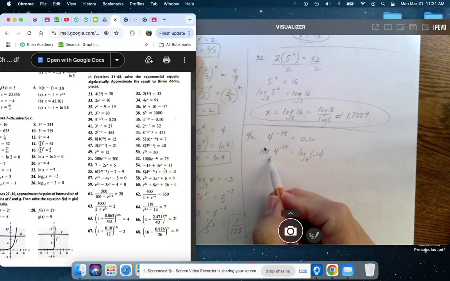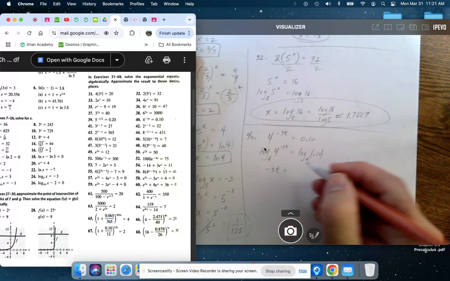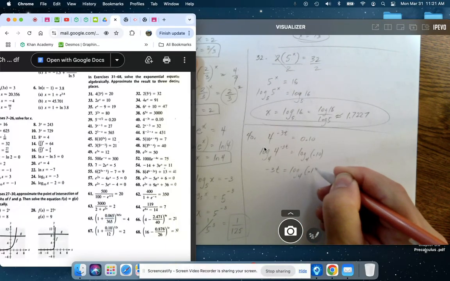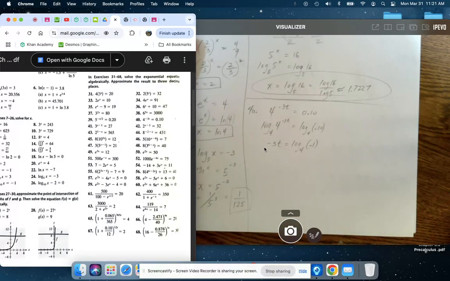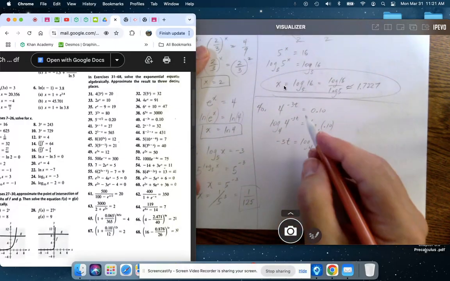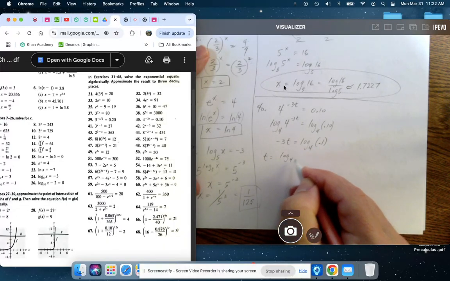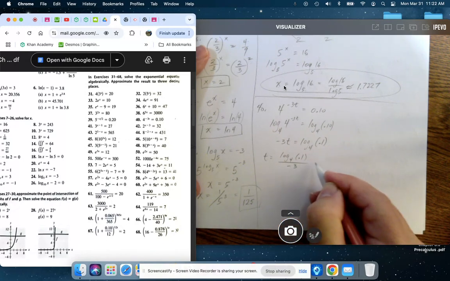And these cancel, and I end up with negative 3t equals log base 4 of 0.1. And now I'm going to divide both sides by negative 3. So this is t equals log base 4 of 0.1 over negative 3.